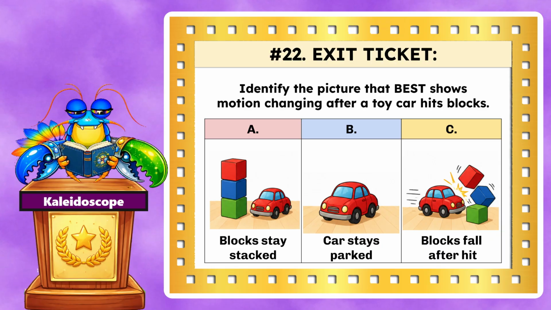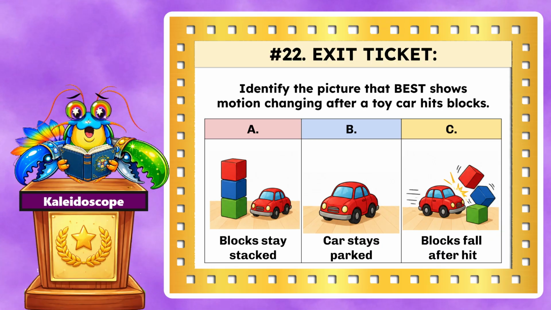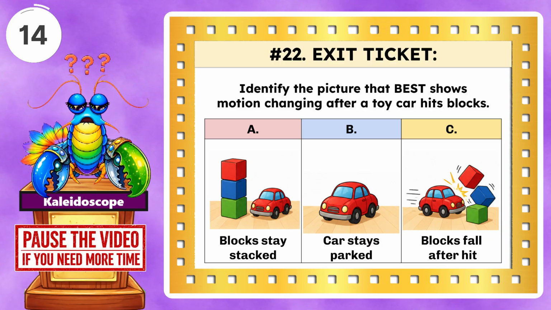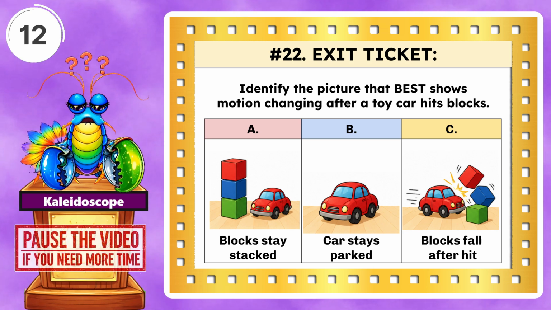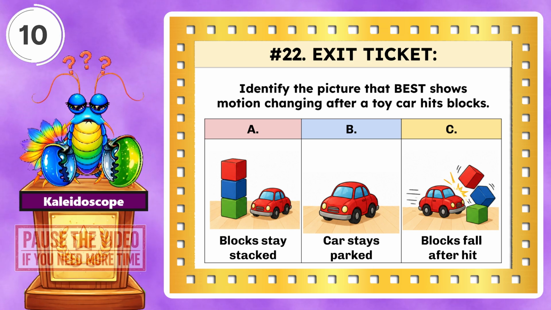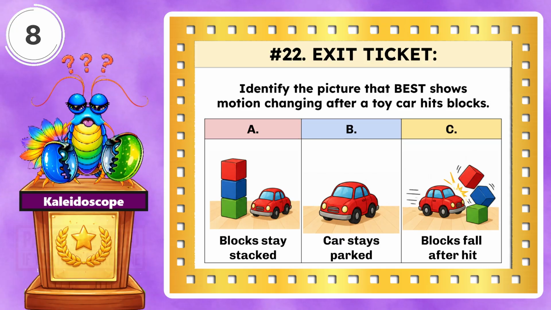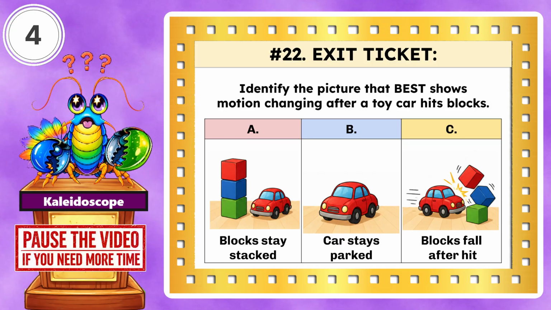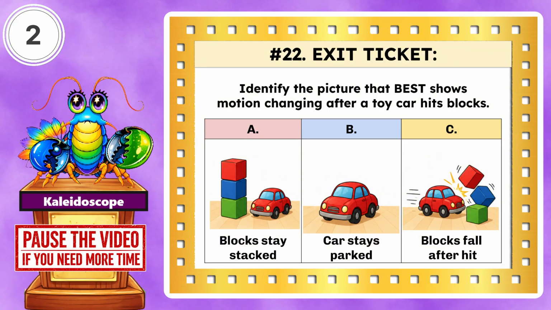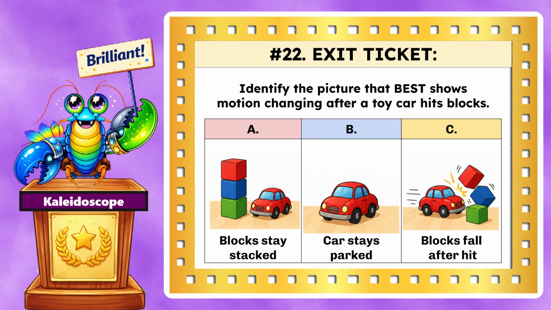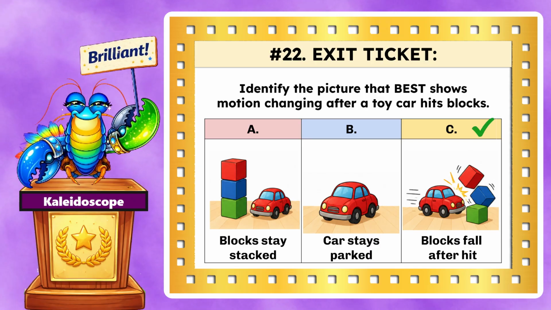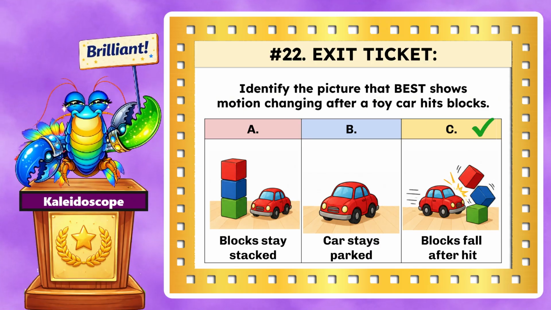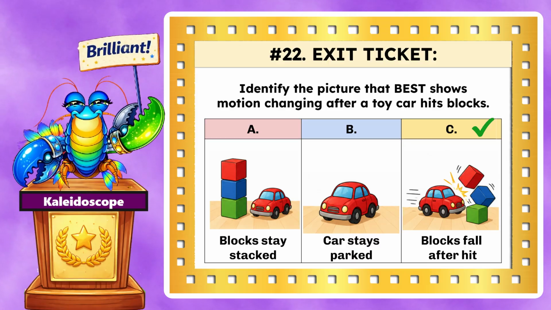Identify the picture that best shows motion changing after a toy car hits blocks. And the correct answer is letter C. Blocks fall after hit.